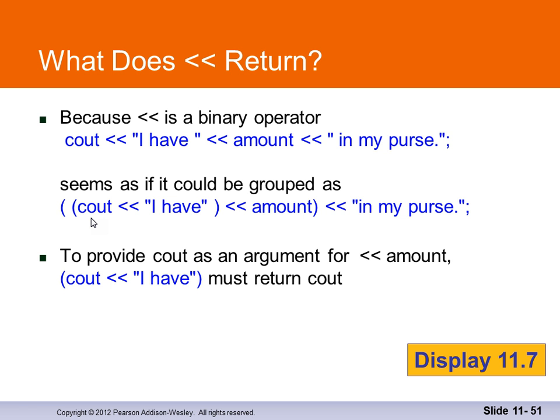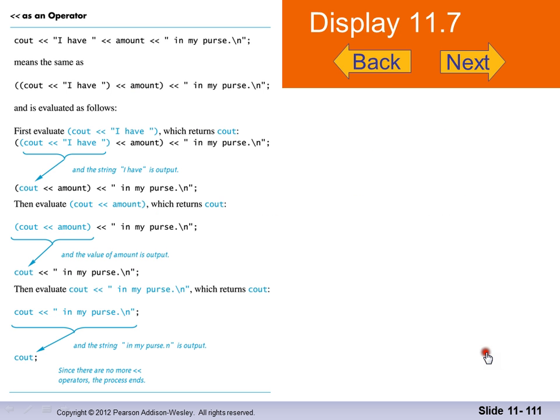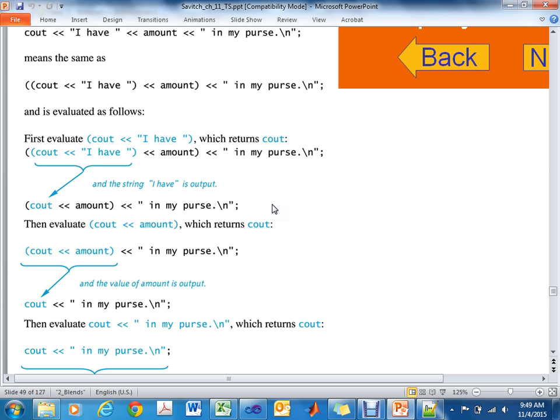Now when cout is returned, this function call will be replaced by, and here's an illustration, cout I have, as if you're starting with cout I have alone. Now this function, the put-to operator, will actually return cout.